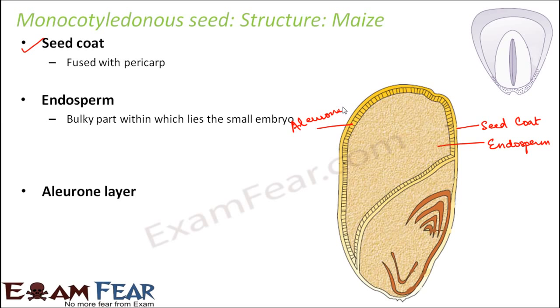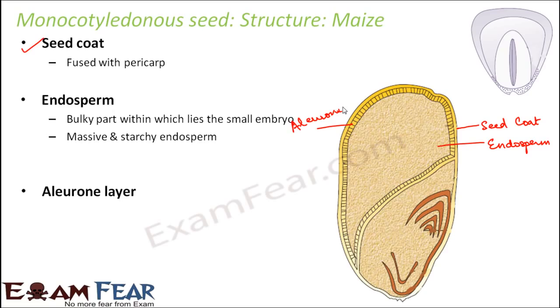Talking about endosperm, it is the bulky part within which lies the small embryo. Inside the seed, you have the seed coat outside, then inside you have the embryo, but everything else except the embryo is filled with endosperm. It is the bulkiest part, laden with food.